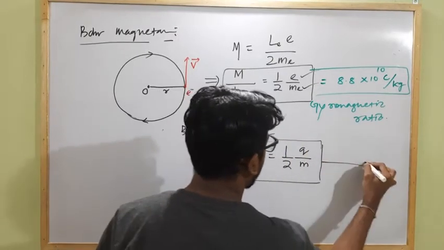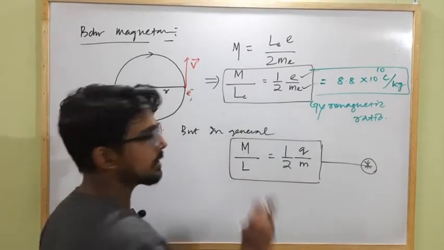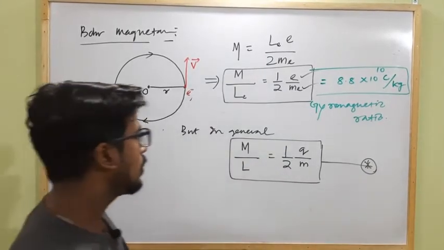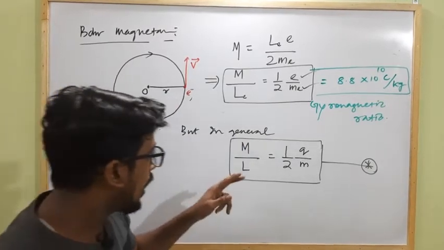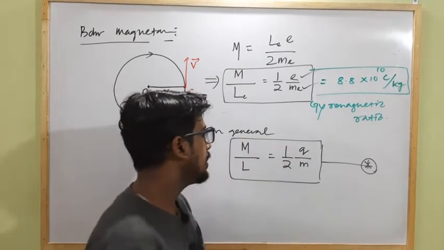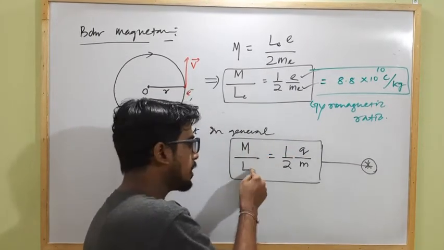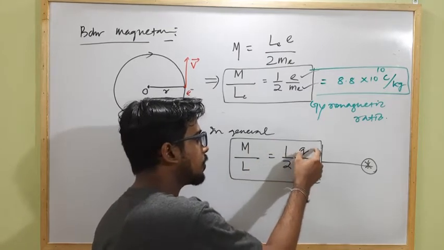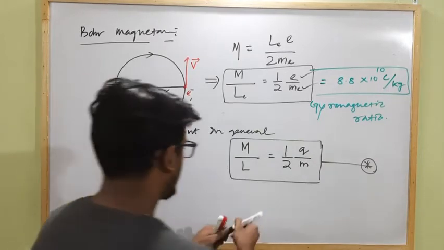This is a very important relation you have to remember, because by using this relation we can easily find out the magnetic dipole moment of any substance whose angular momentum is known to us. Clear? This is a universal relation. That means the ratio of magnetic dipole moment with respect to angular momentum is half of total charge of that substance divided by mass.